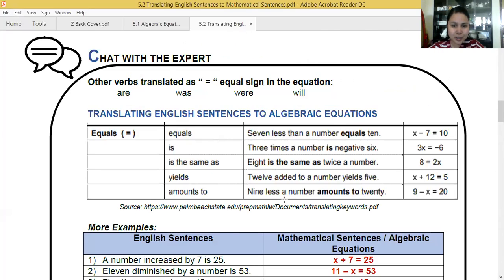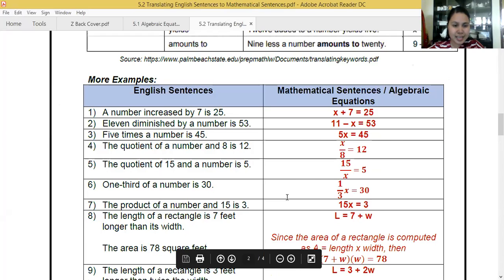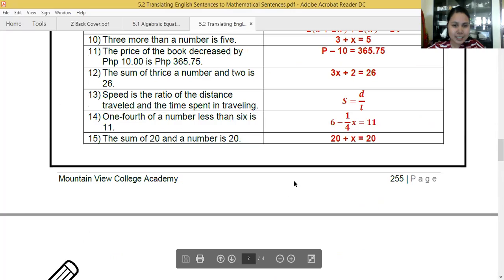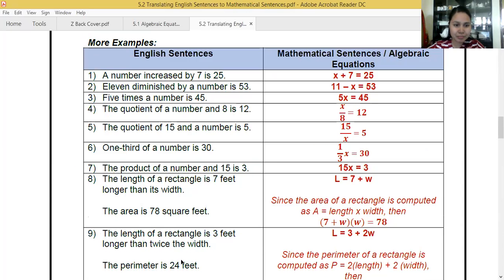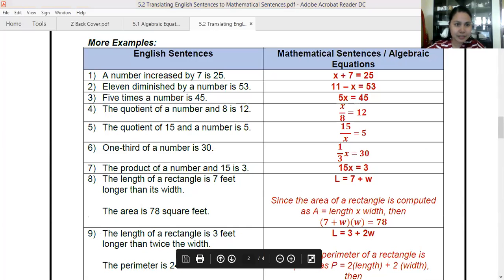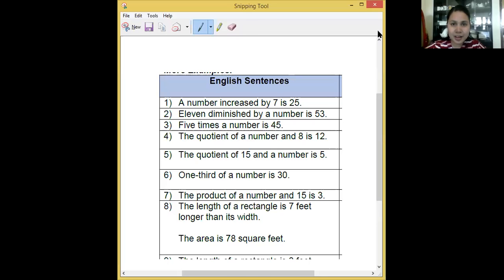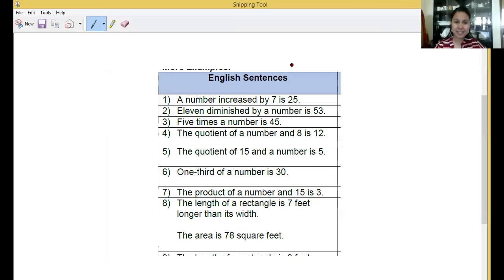Let's go back first. Ready? Let us go over these examples. Another example. Ready?